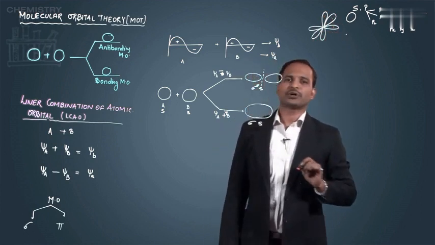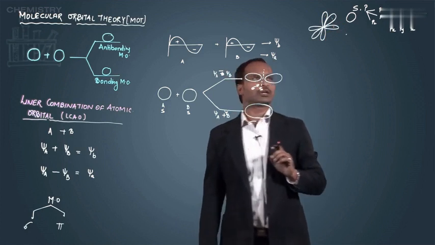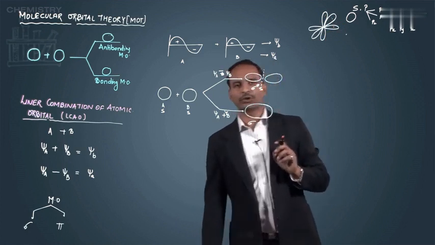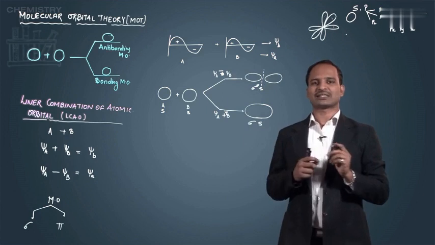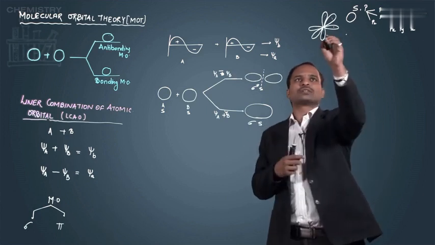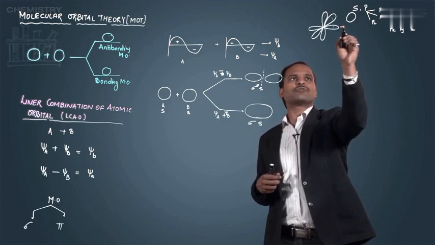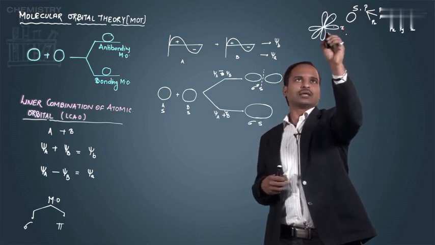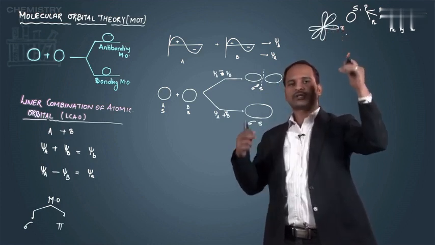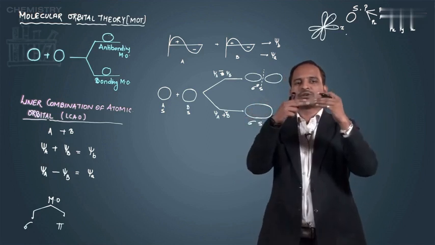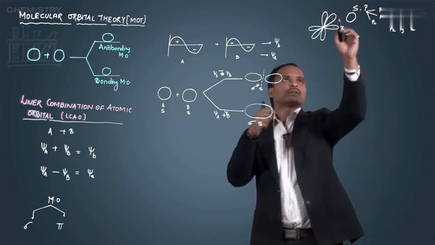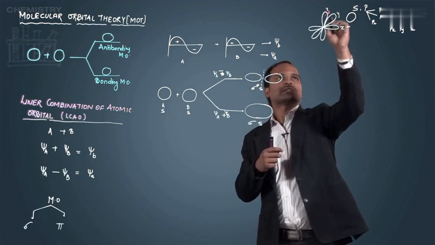But in the case of molecular orbital theory, when we are studying, molecular orbital theory says that the internuclear axis should be the z-axis. The internuclear axis, that is between the nuclei. So you have to consider this as z, an internuclear axis, meaning if the overlapping is taking place on the axis, then it will be from the z side, and then this is y, and then this is x.